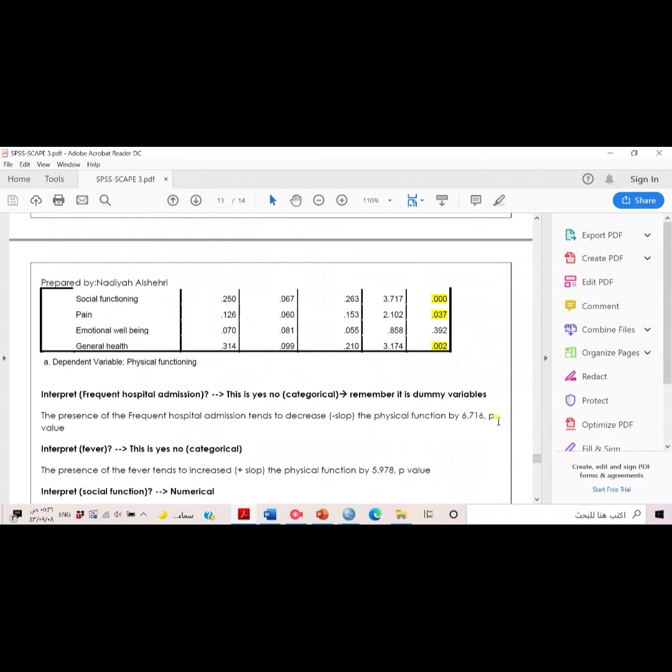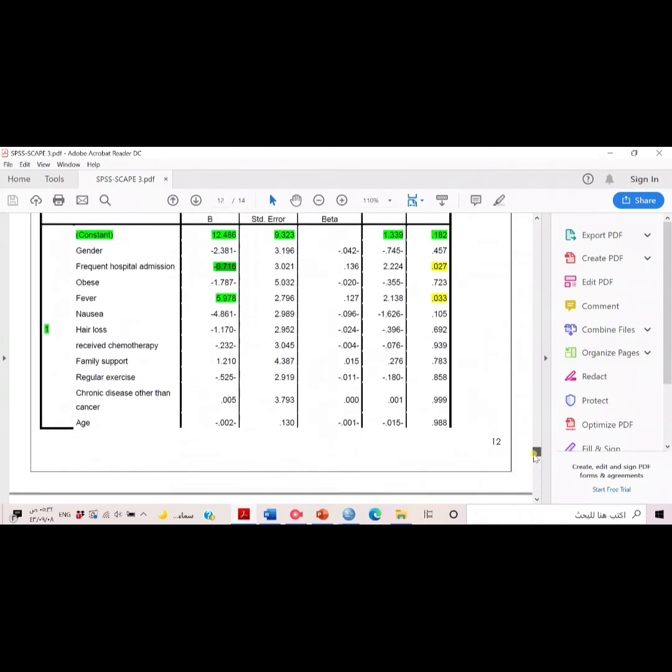And I will write the p value. Okay, this is if it's categorical. I will say the presence of these tends to decrease or increase: decrease if the slope is negative, increase if the slope is positive, my outcome by the value, and I will write the significance level.